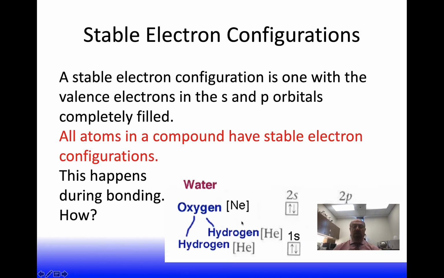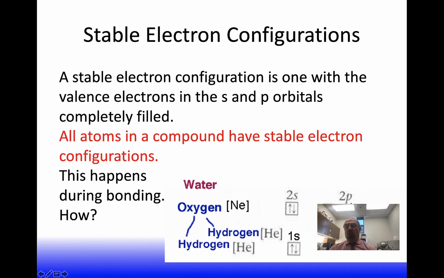How? Well, if you've got oxygen, which, without the 2 blue down arrows, has 2 holes. You see it's got 2 half-filled p orbitals. And hydrogen itself only has 1 half-filled s orbital.